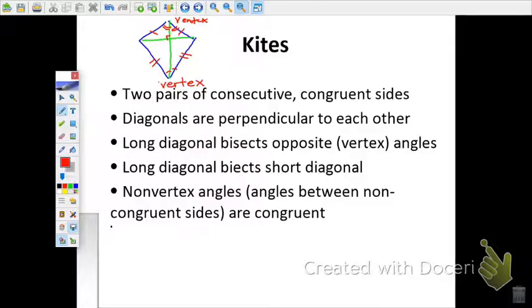The long diagonal is bisecting the short diagonal. So my short diagonal has been cut into 2 equal parts. The non-vertex angles, which are between the non-congruent sides, are also congruent.